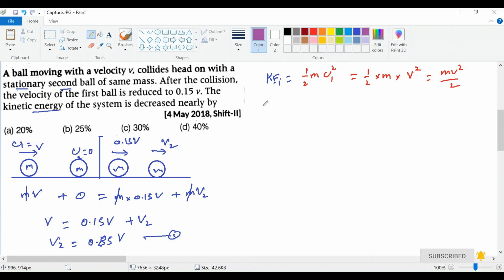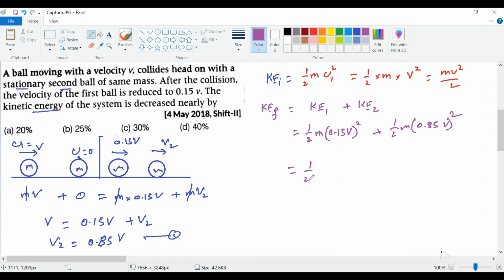Now I want the final kinetic energy. The final kinetic energy is the kinetic energy of the first body plus the kinetic energy of the second body. That is half m v1 square, v1 is 0.15 v whole square, plus half m 0.85 v whole square. Half m v square you can take common.